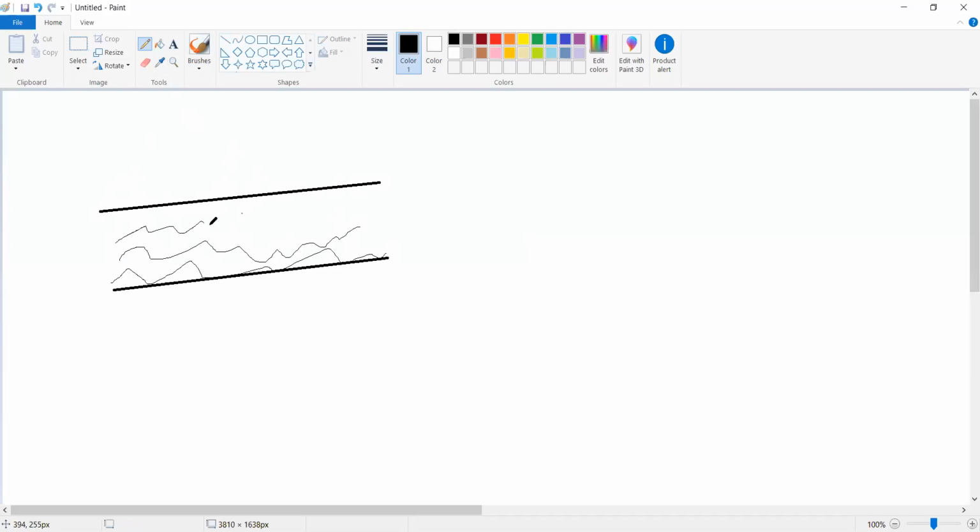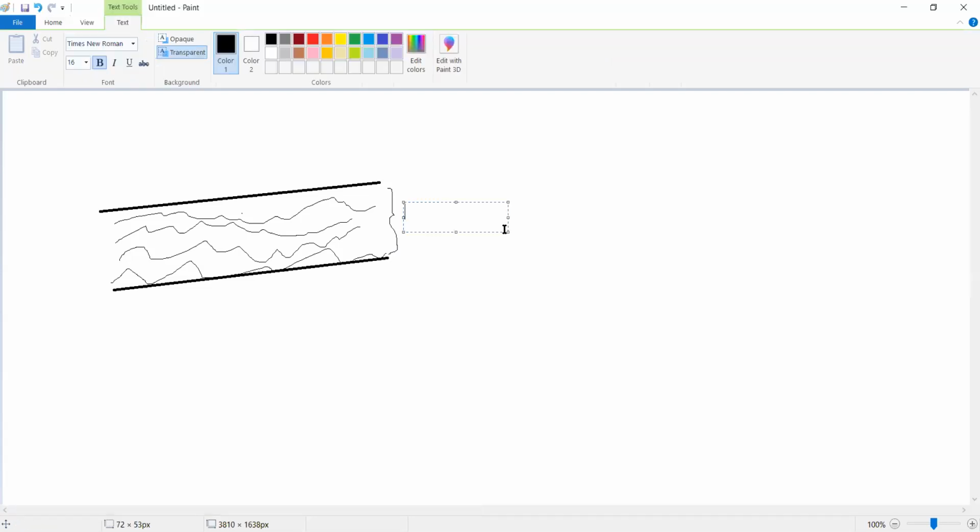There may be thousands of subcarriers which are responsible for small data transfers. So this is our 20 megahertz channel bandwidth. How do we know how many RBs, resource blocks, it has?